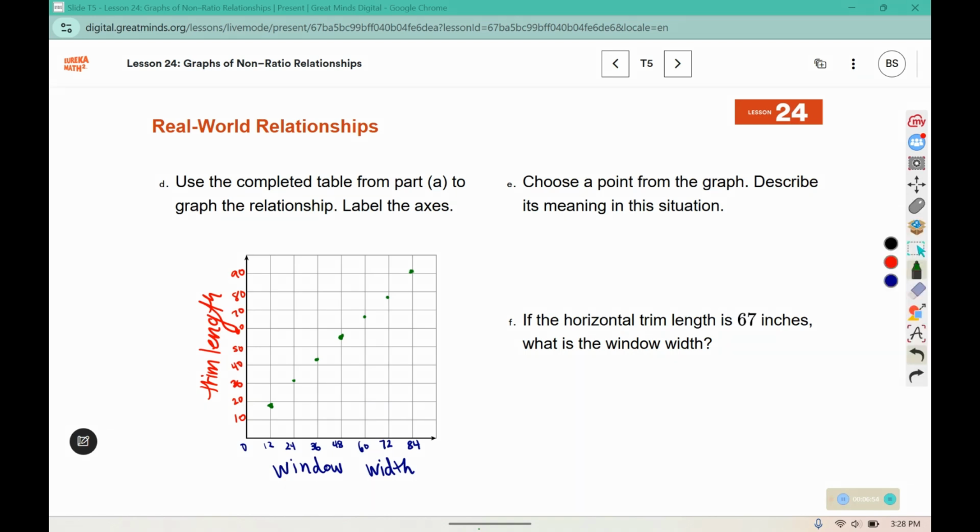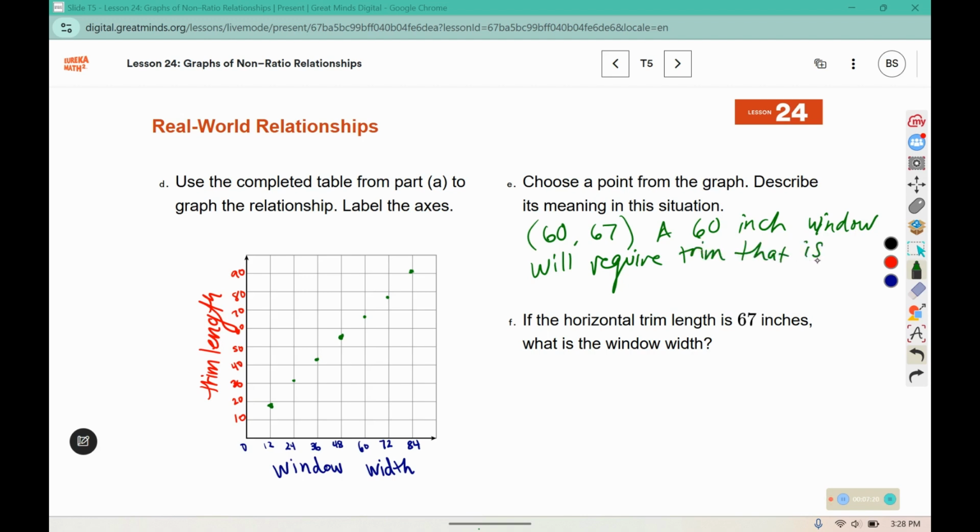Choose a point from the graph. Let's go with 60, 67. Describe its meaning in this situation. A 60-inch window will require trim that is 67 inches long.